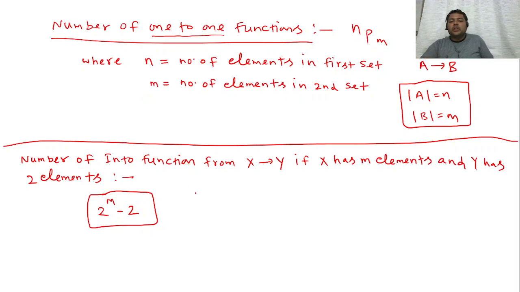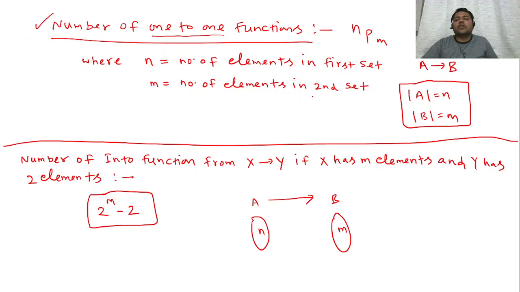For example, if there is a set A and a set B, where A contains n elements and B contains m elements, and you want to find the total maximum number of one-to-one functions possible from set A to set B, then the formula is nPm. And obviously you should be clear about the formula for this permutation.